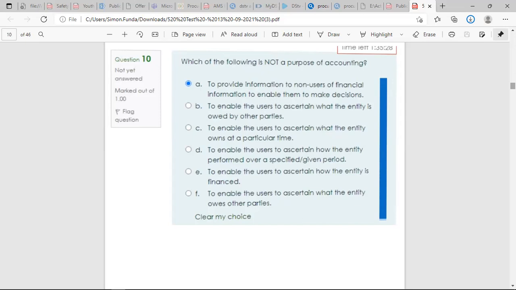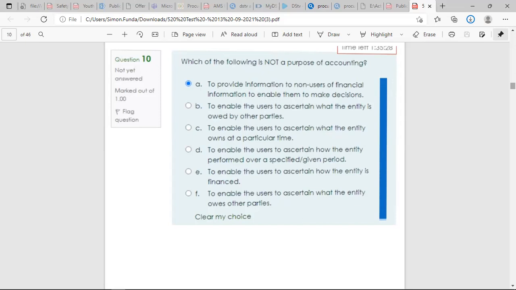We need to know the performance. Are we making profit? Are we making losses? Then C, to enable the users to ascertain how the entity is financed. Yes, so this is also a purpose of accounting.